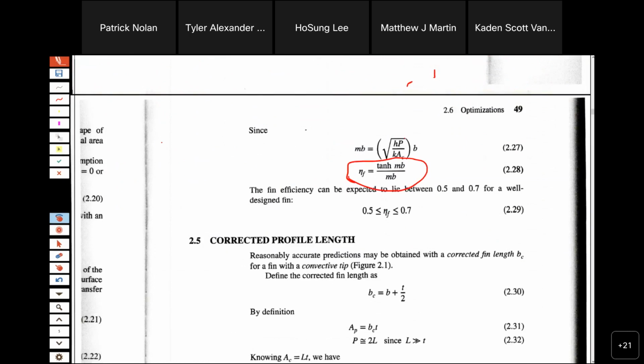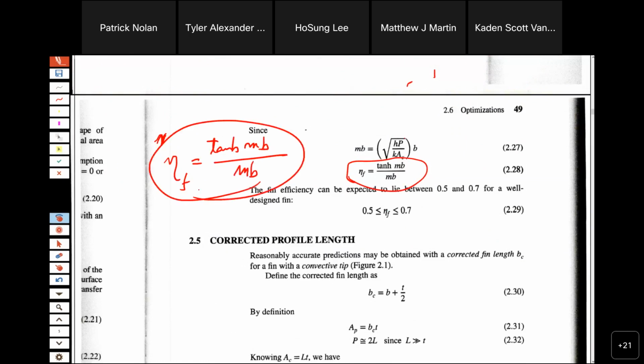In the rectangular fin, the efficiency is hyperbolic tangent mB over mB, easy to remember. Once you calculate the efficiency, you can calculate the actual. That's what I suggest. Much easier.